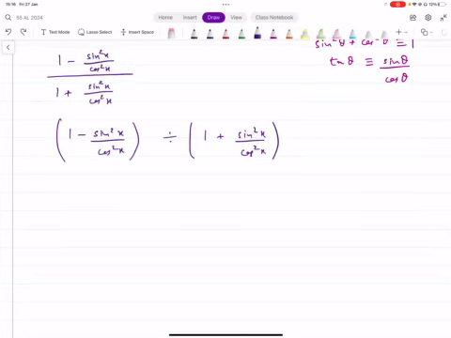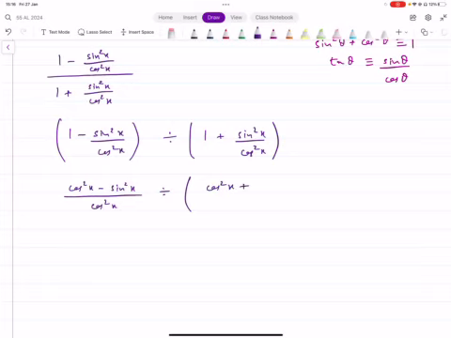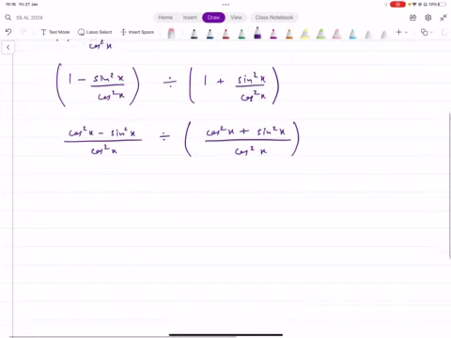दोनों में LCM ले लेते हैं. First का LCM अगर लेते हैं, that gives us cos square x minus sine square x divided by cos square x divided by cos square x plus sine square x over cos square x. And now we could change the sign.